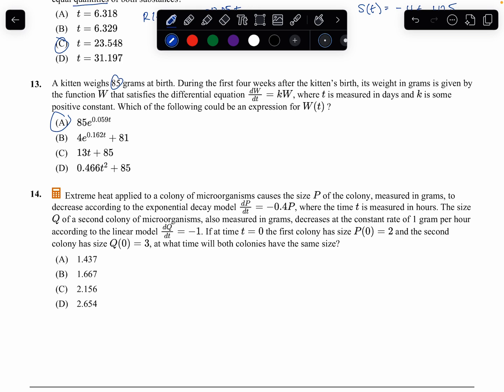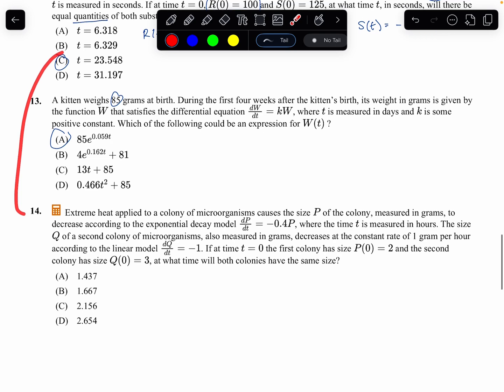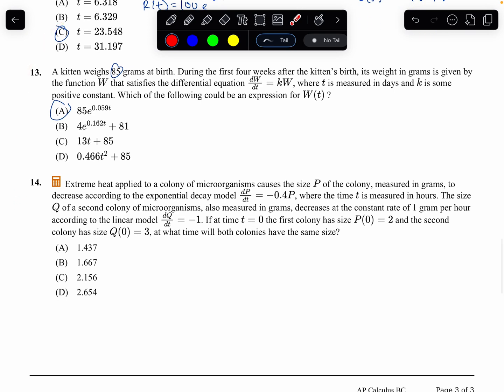So, okay, 14. I think this is going to be very similar to this one up here, but let's give it a shot. Extreme heat applied to a colony of microorganisms caused the size P of the colony, measured in grams, to decrease according to the exponential decay model. So you know that k is going to be equal to negative 0.4.